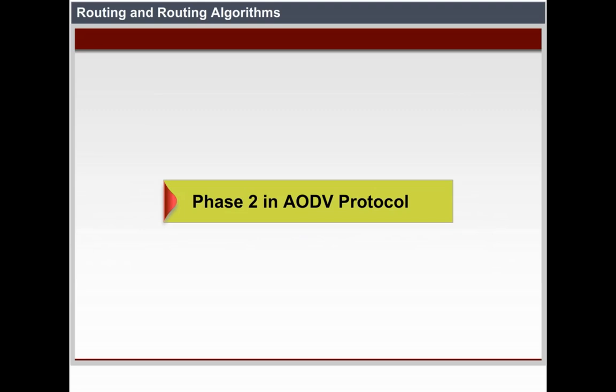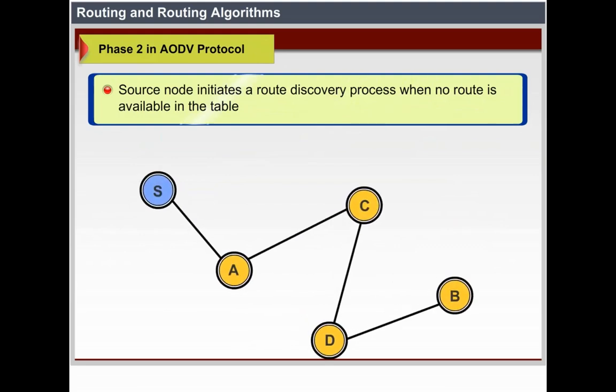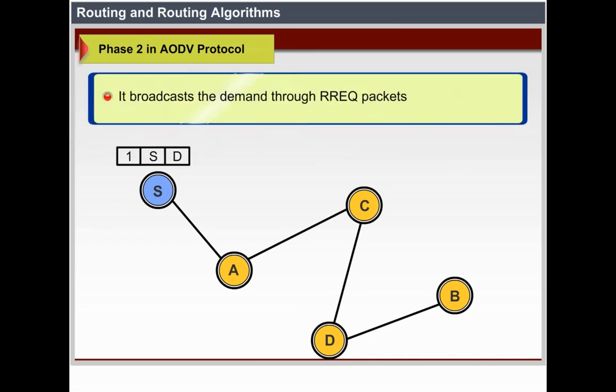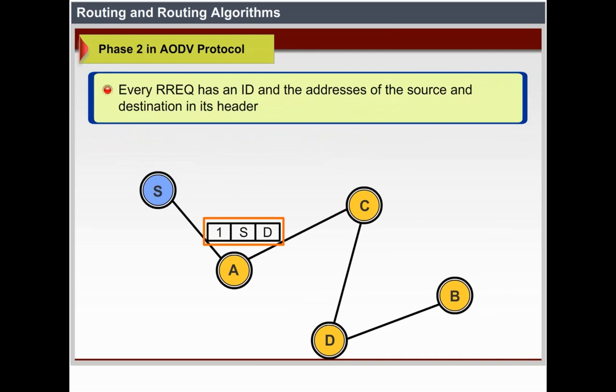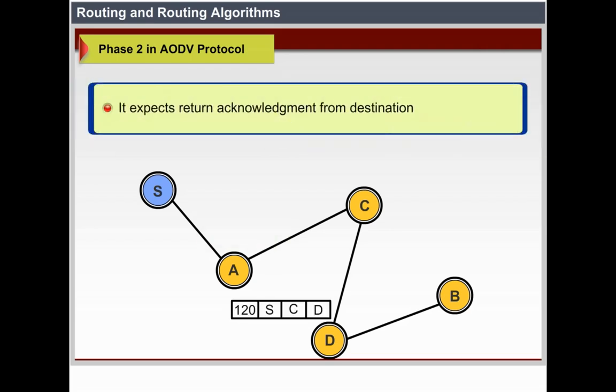Phase 2 in AODV protocol. Source node initiates a route discovery process if no route is available in the routing table. It broadcasts the demand through the RREQ packets. Each RREQ has an ID and the addresses of the source and destination in its header. It expects a written acknowledgement from destination.